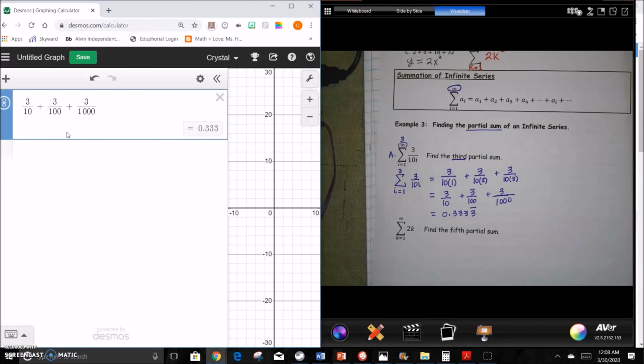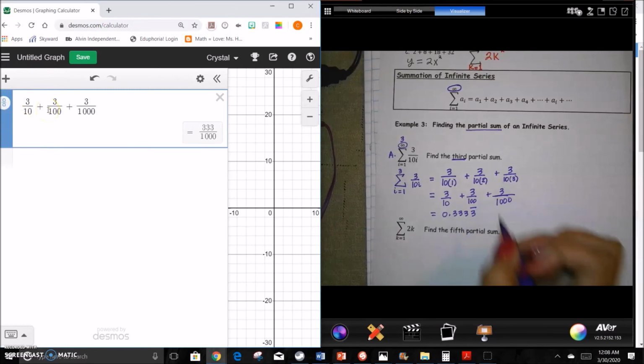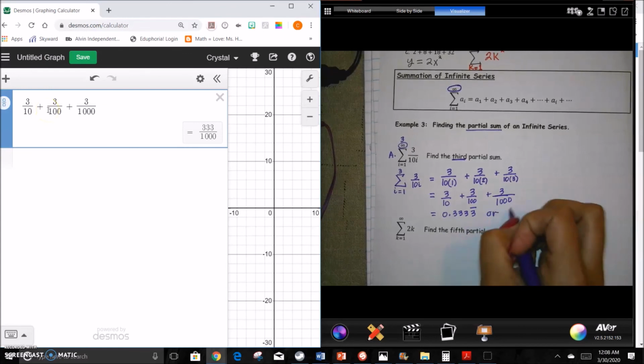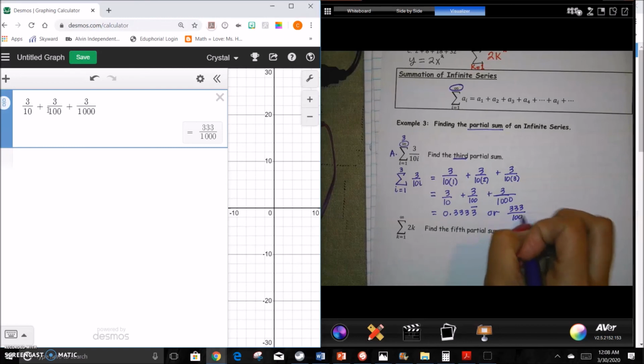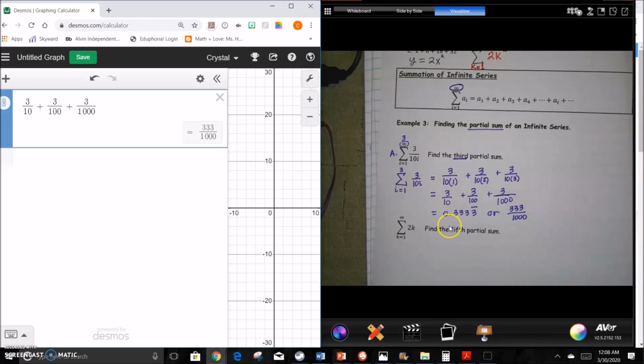So that is the third partial sum, or it can be written as a fraction, 333 over 1,000. But we all know that 0.333 is actually another way of saying 1/3, right? All right, so let's look at the second question.